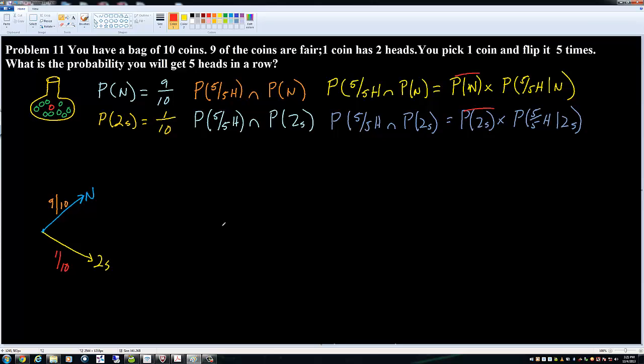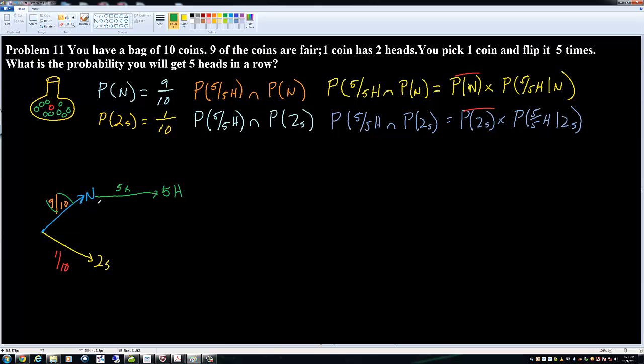Let's look at the top arm of the study. We picked a normal coin. The chance of doing that is 9 out of 10. And then we flip this coin 5 times, and we get 5 heads. So what is the probability of this part of the experiment?